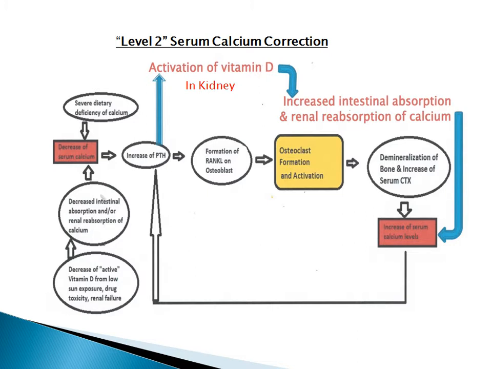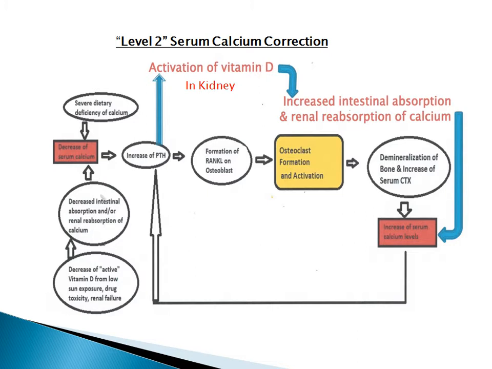And probably even with intense exercise, there may be a little bit of osteoclast activation from the increased PTH, which is working on the intestinal absorption. Also, at the same time, it activates some rank ligand and osteoclast activation, which also contributes to correcting the serum calcium level.